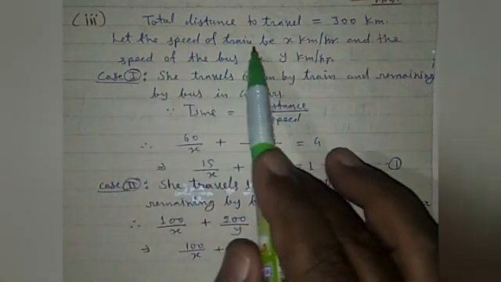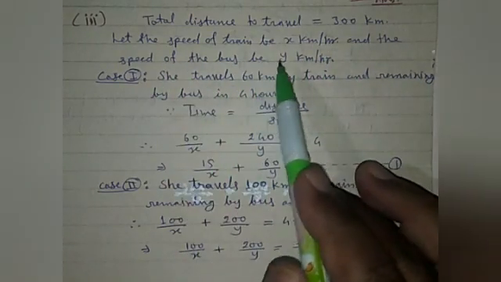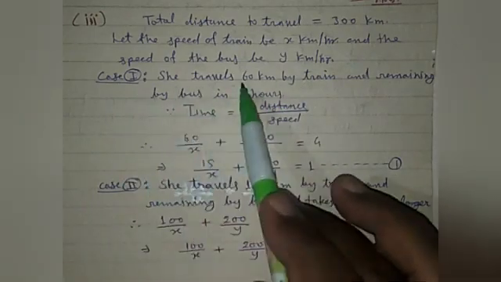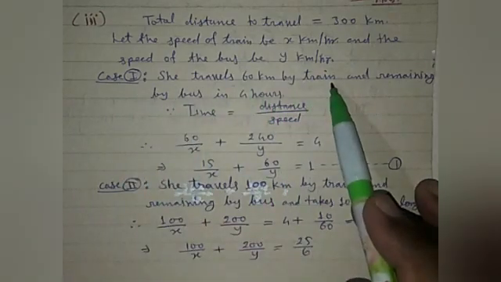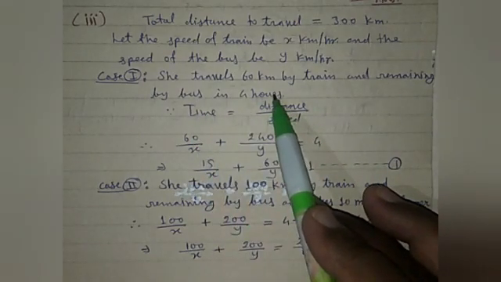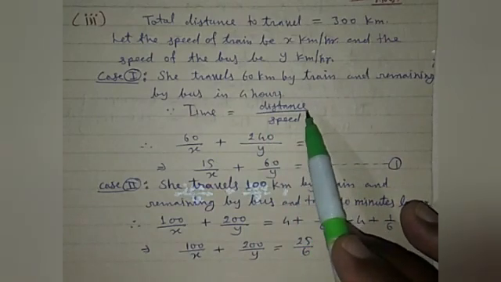Let the speed of the train be x km per hour and the speed of the bus be y km per hour. In case 1, she travels 60 km by train and the remaining by bus, which means by bus she travels 300 minus 60, that is 240 km.